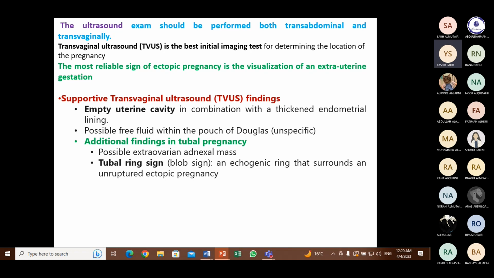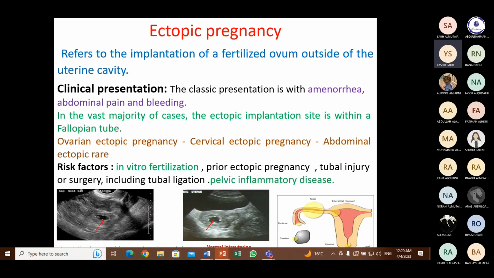Now we have the main signs of ectopic pregnancy. If we find a gestational sac outside of the uterine cavity, this is definitely an ectopic pregnancy. For example in this one, notice the gestational sac is in the tube.